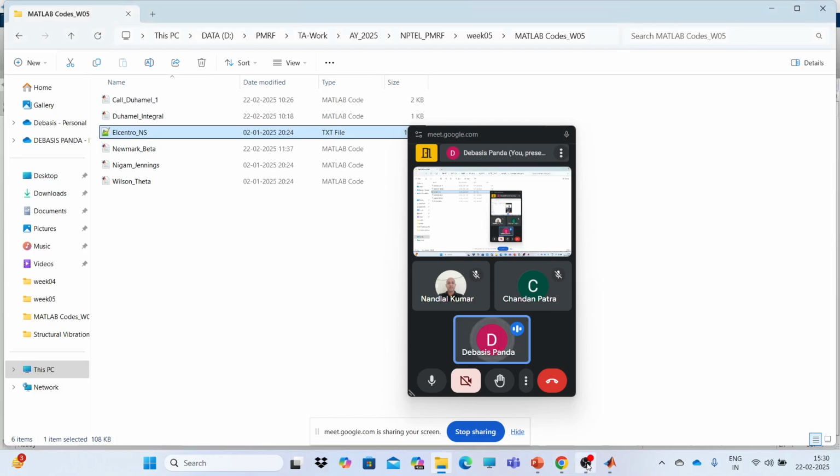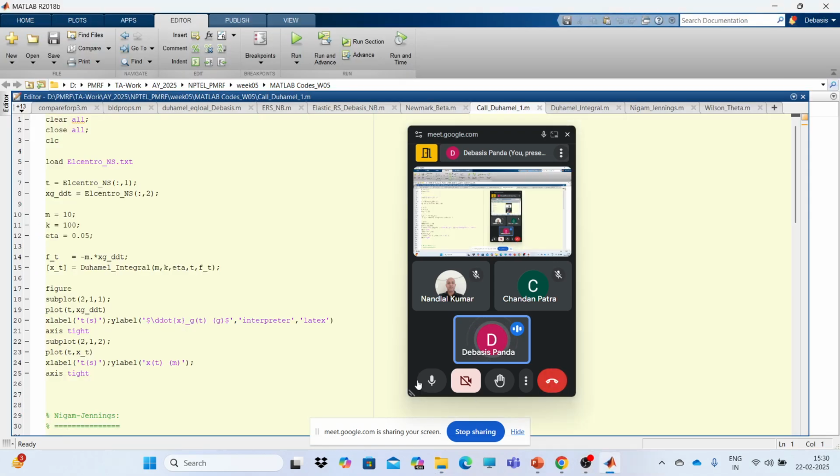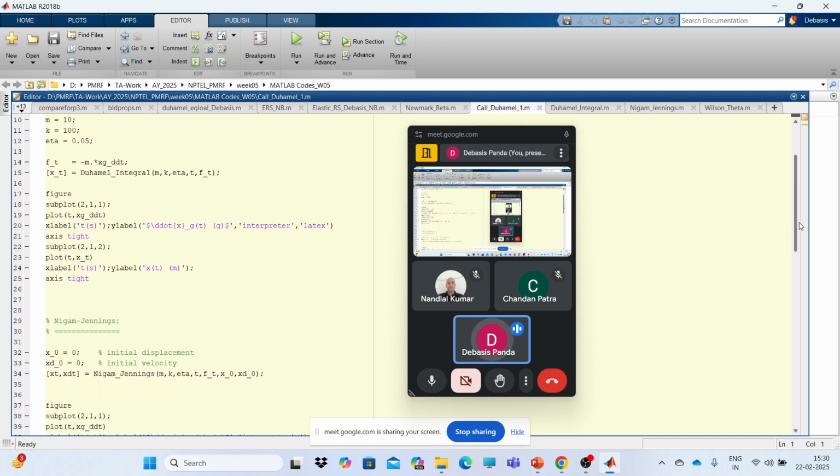So I have loaded that data here, and then I need to define my system. Here I have taken mass 10 kg, k 100, and zeta, that means the damping, as 5%. Now I need to call the Nigam and Jennings method.